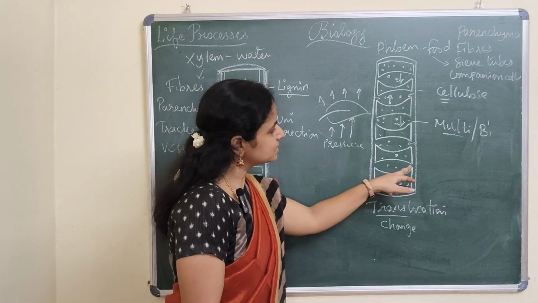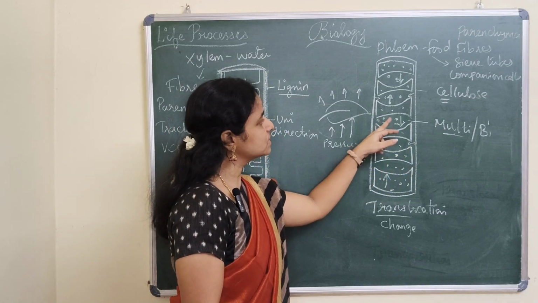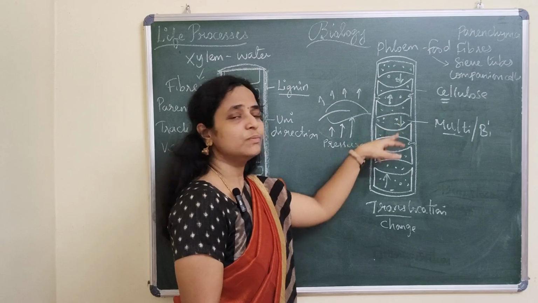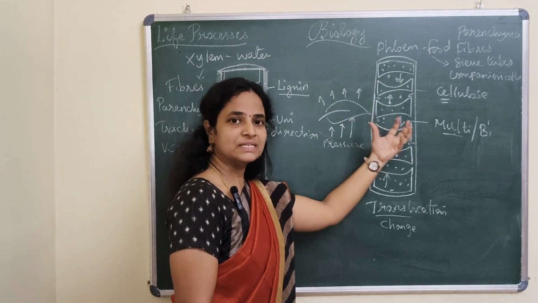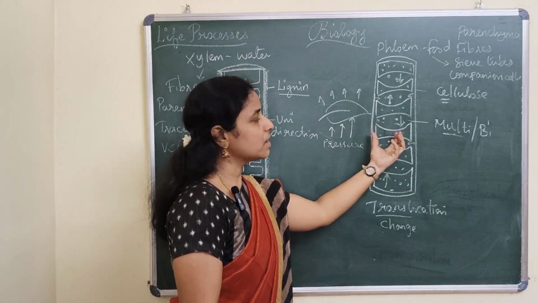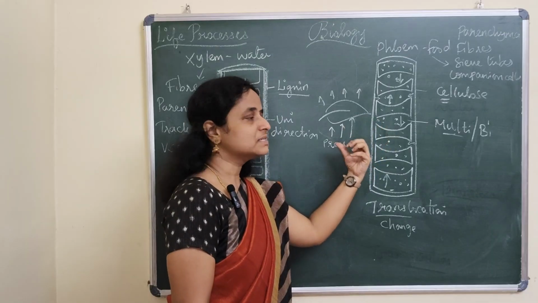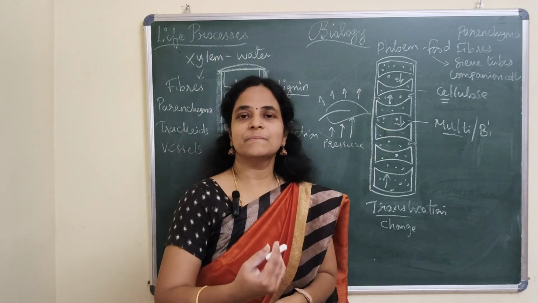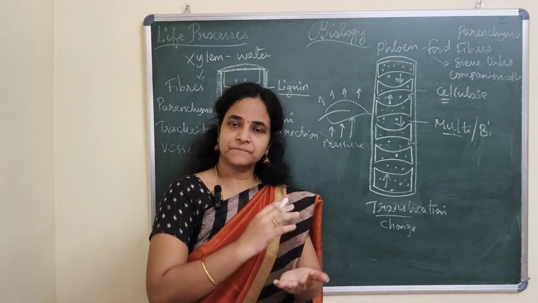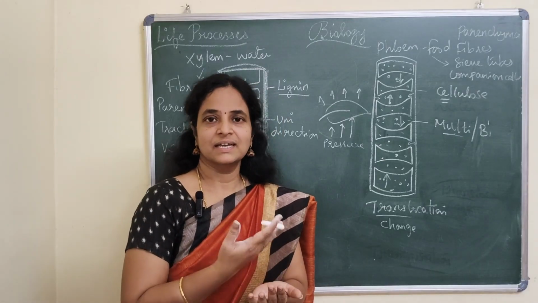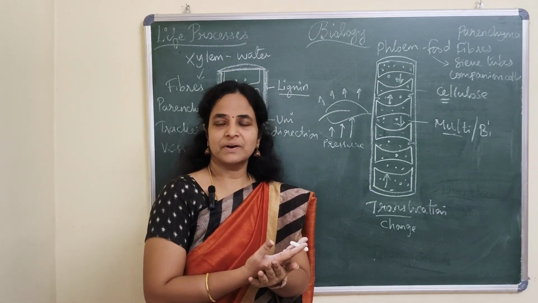And you can see certain perforations here, some holes. That allows the movement of molecules through all these substances. Only then can the osmotic pressure be released out. A very simple example I can tell you. Plants will store food, right? It stores it in the form of carbohydrate.